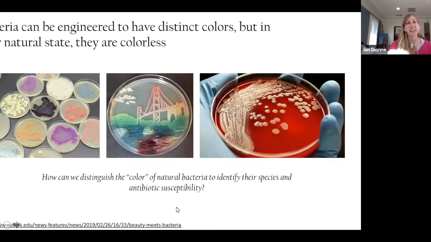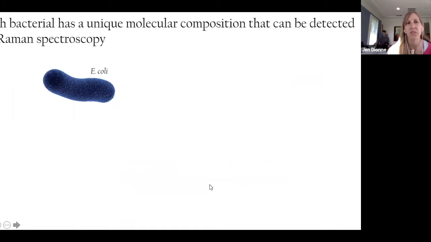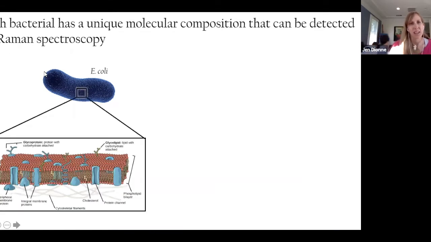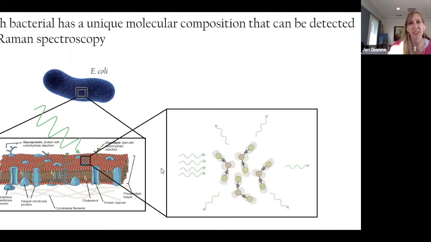So how do we distinguish the color of natural bacteria without having to do any tagging? Well, what we do is rely on a technique called Raman spectroscopy. So what happens is we take any bacteria, we illuminate it with a monochromatic light source, say a laser, and then the vibrations from the molecular structure of the membrane give rise to a wavelength shift.